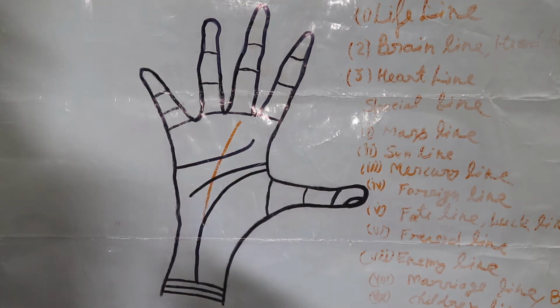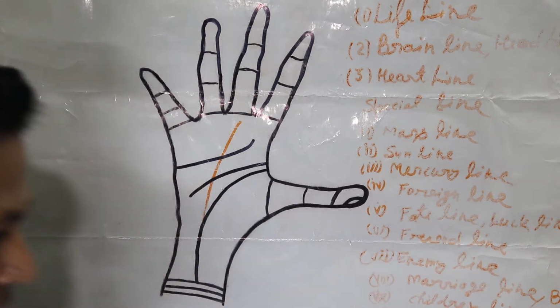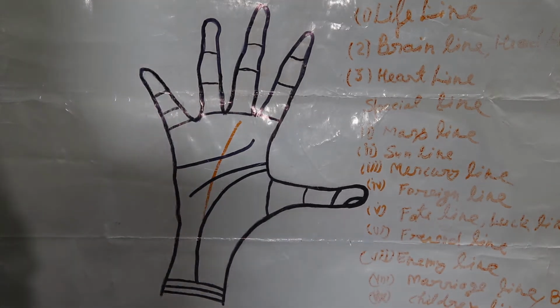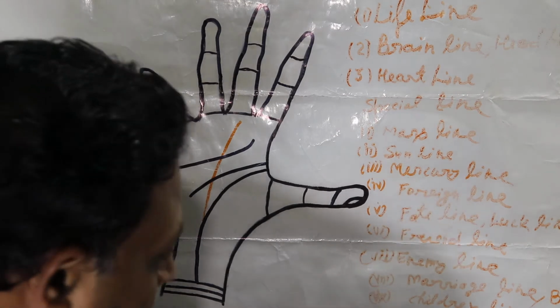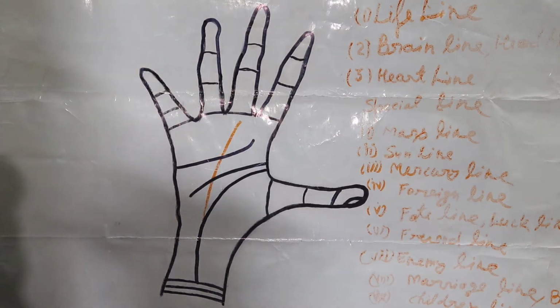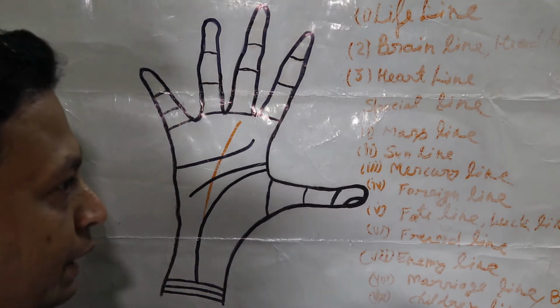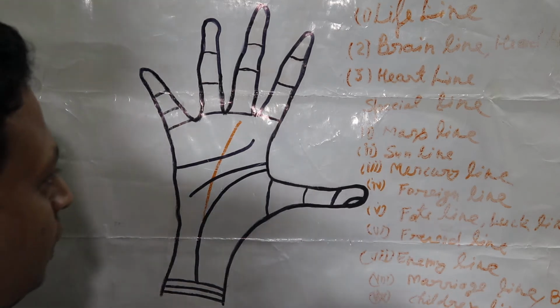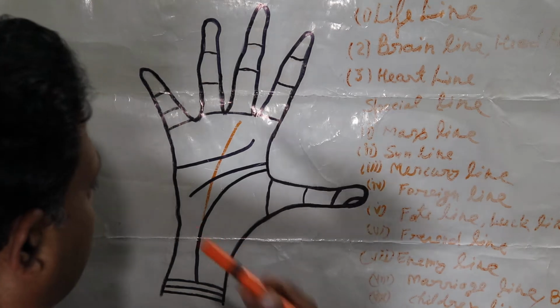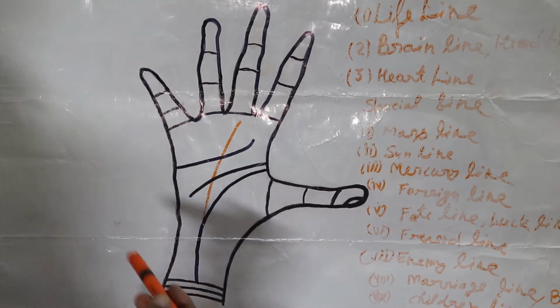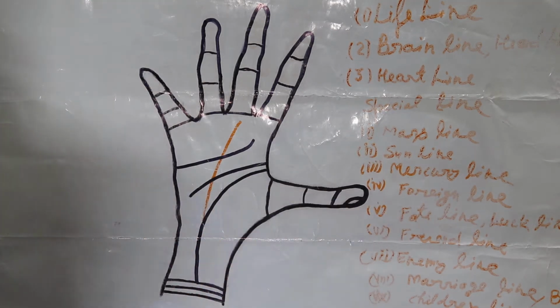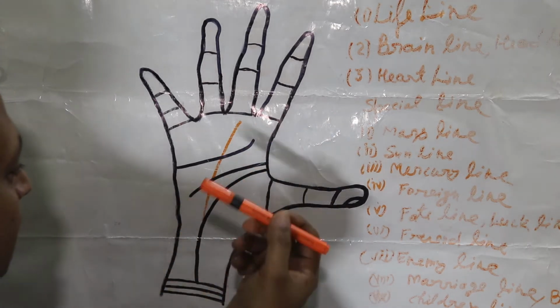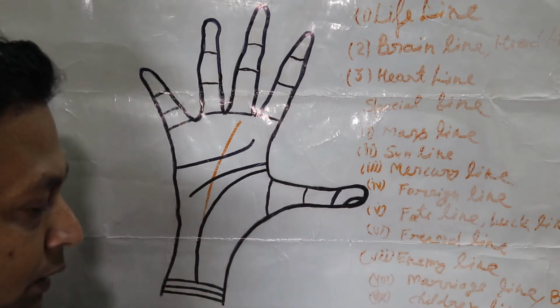Other lines can be there or not. If specific lines are there in any person's palm, the result will be good, or it will boost the result of something. So if the luck line is there in a palm, luck will be boosted.